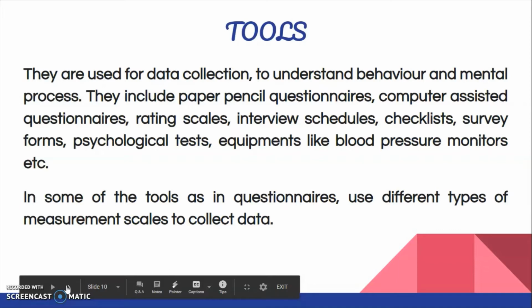So we use different measurement scales in different types of tools. As we are trying to understand the behavior and the mental process, the tools will also contain some measurement scales, but the measurement scales will be different in the psychological test. We'll see what type of measurement scales are used in the psychological test.